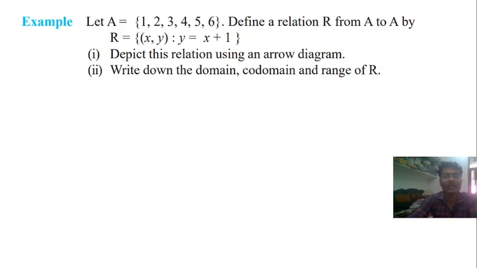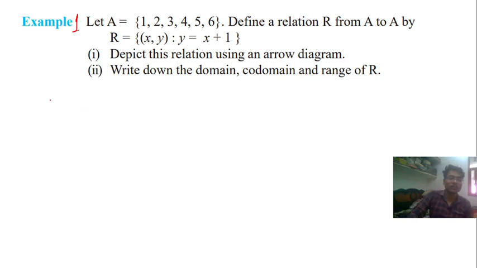Now we will solve a few examples to better understand the numerical portion of this chapter. Our first example is: let A be the set of 1, 2, 3, 4, 5, 6 and define a relation R from A to A by this. We will depict the arrow diagram and write down the domain, codomain and range.